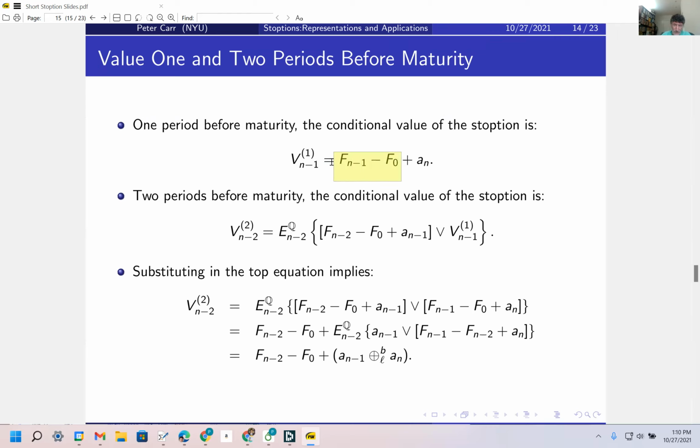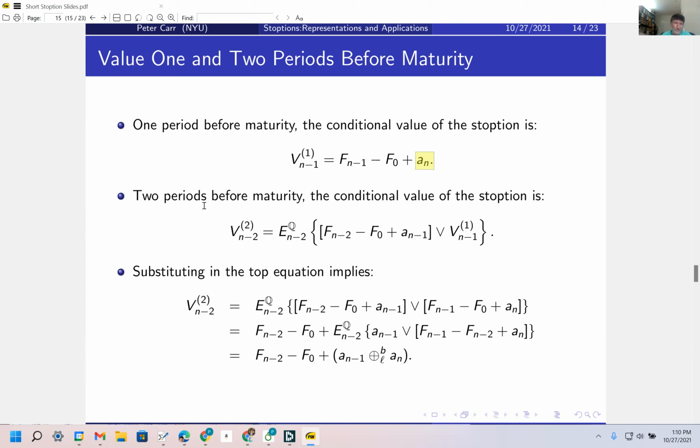Recall we conditioned on not exercising prior, so you would have accumulated all the previously unswapped price changes, which telescoped into what's highlighted. And then because you're forced to swap the last price change for A_n, we add that. This is how we come to this formula on the right, and we'll start from here.